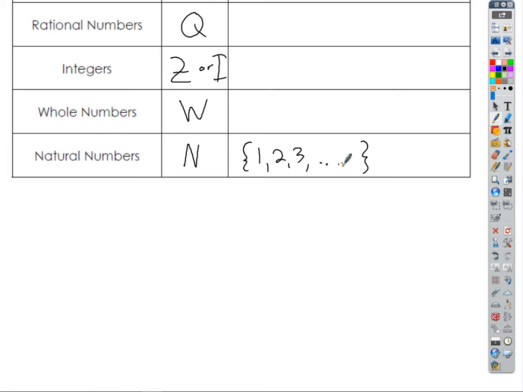What about whole numbers? What's the only thing extra we add to whole numbers? Yes, 0. Good. So the same stuff, only we're adding a 0 there. How about integers? What's extra there? Okay, good. Negative natural numbers.